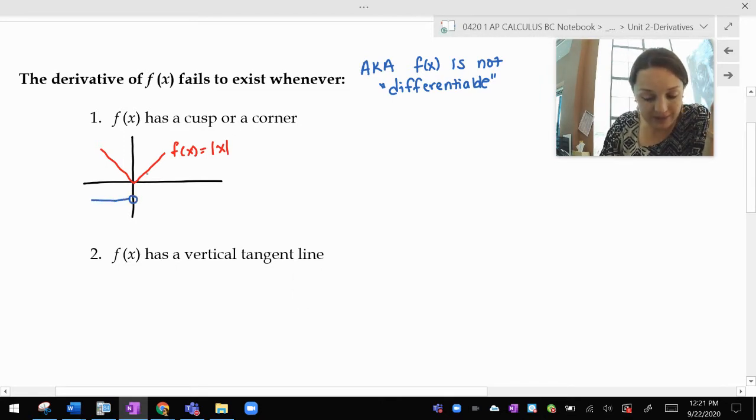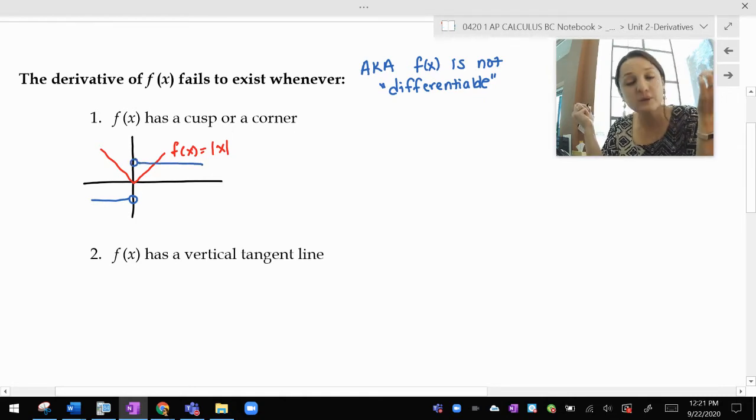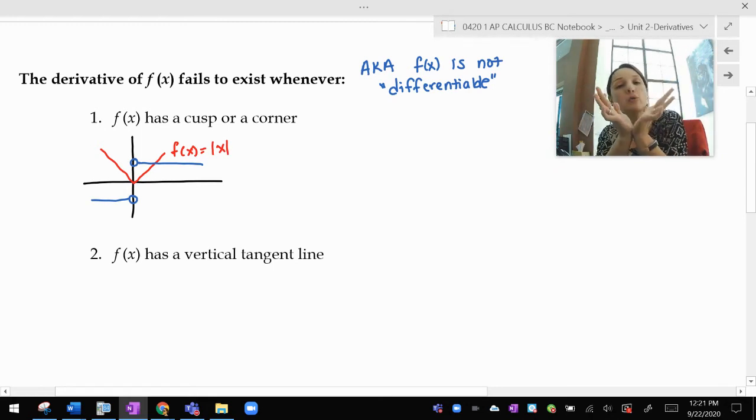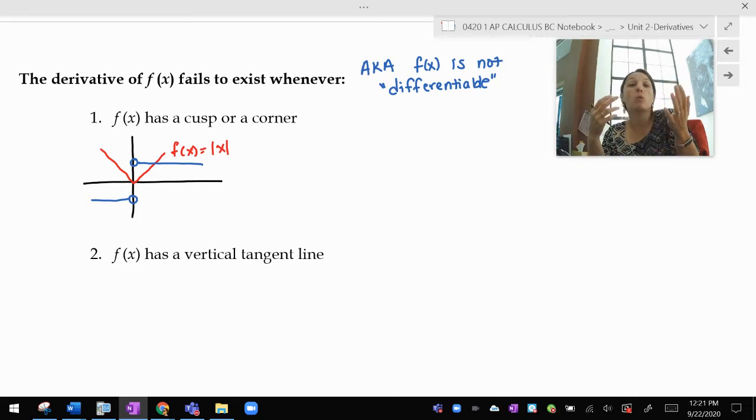And then on the right-hand side, f of x is going up with a slope of 1. So it has a slope of positive 1. But right at 0, there's a corner. And how do I decide whether that corner has a slope of negative 1 or positive 1 or 0 or I don't know? So at the corner, the derivative does not exist. And in this instance, it means that I have a jump and 2 holes.